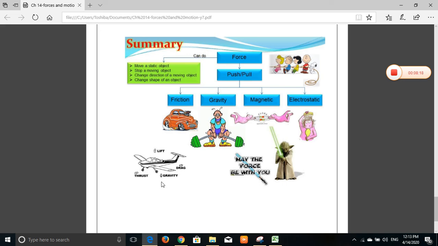And this is drag force between the aeroplane and the air, and also air resistance, which is a type of friction. It shows us the drag force on an airplane traveling in air, and also this man shows us a force by this stick. Thank you all of you.